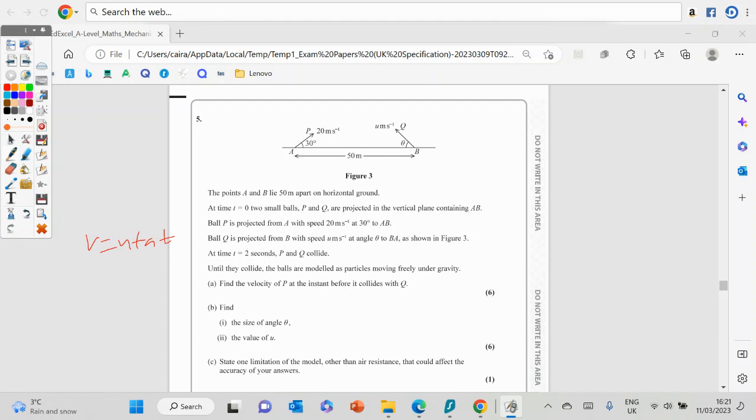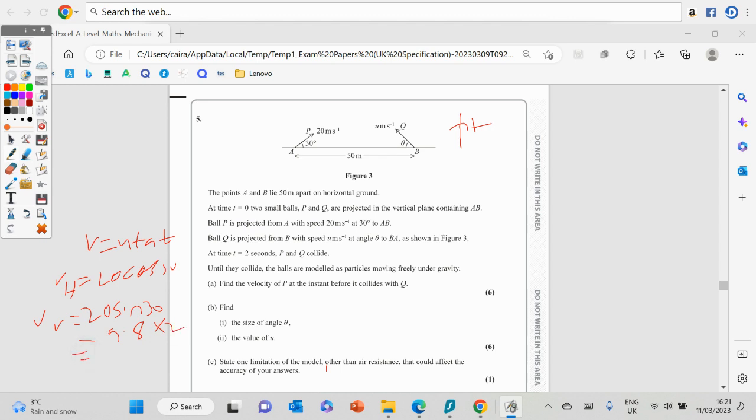If we look horizontally, there's no acceleration to deal with, so the component horizontally would just be 20 cosine 30. And the vertical component would be 20 sine 30, which is u, minus 9.8, because I'm taking upwards to be positive. So my g will end up being negative, times by 2 seconds.